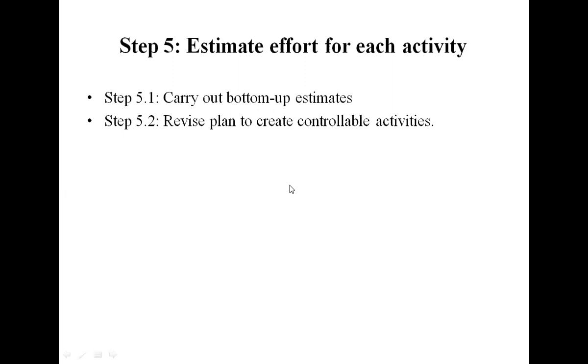Conduct a meeting every 2 weeks. Try to identify activities which take 2 weeks. If an activity takes more than 2 weeks, we have to split or divide that activity into smaller ones.